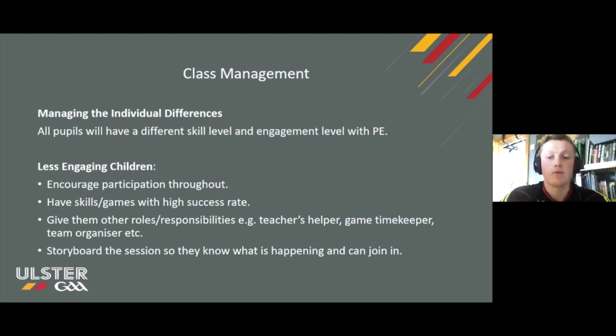And finally, what we use, especially for people usually with autism spectrum disorder, is to storyboard the session so they know what's happening and can join in when they want to. A storyboard is basically like the lesson plan that Cahill showed last week, but in a much more broken down and clear setup.